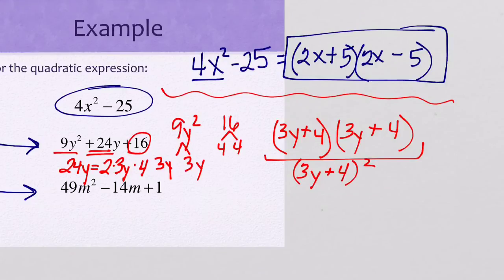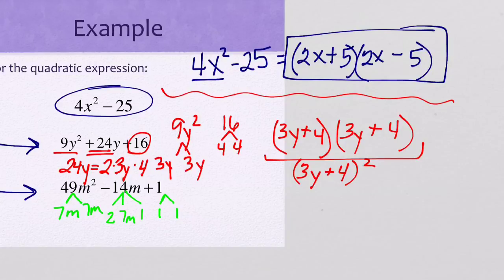Last but not least, we have one more example, and the example is 49m squared minus 14m plus 1. So let's look at the roots. We have 7m times 7m. Over here we have 1 times 1. So let's see if 14 breaks up properly. It has to be 2 times 7m times 1.